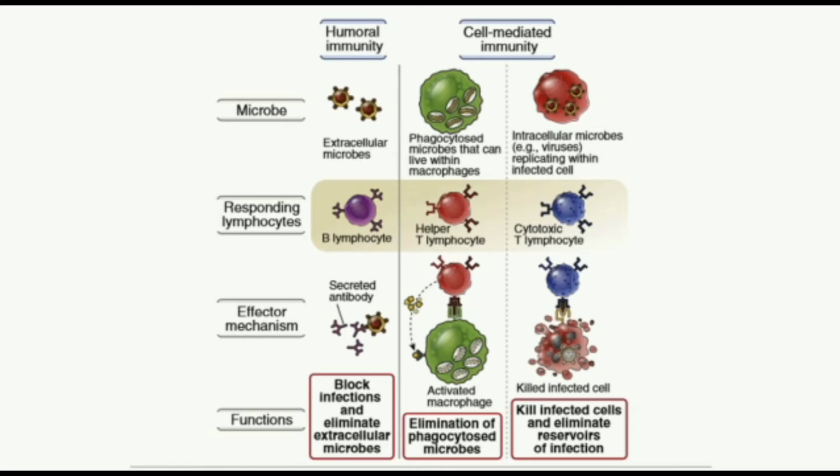After this happens, T cells identify those peptides and become activated. Then these activated helper T lymphocytes eliminate the phagocytosed microbes, and at the same time, intracellular microbes like viruses replicate within infected cells, and these cells can be recognized by cytotoxic T lymphocytes. Thereafter they can kill infected cells and eliminate that infection. That is what happens inside these humoral and cell-mediated immunities, right?